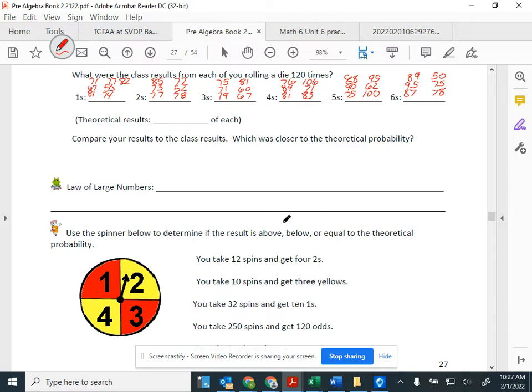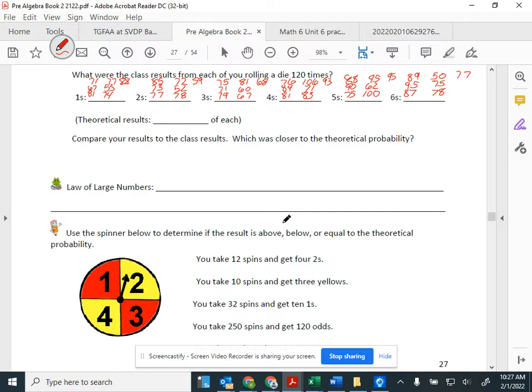The same. Okay. 59 for twos. 68 for threes. 4 is 93. 5 is 95. And 6 is 77. So we have one more table we're gonna do.